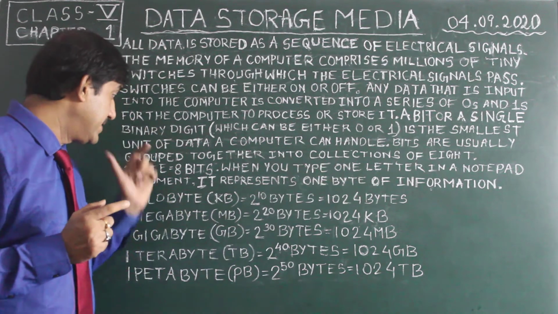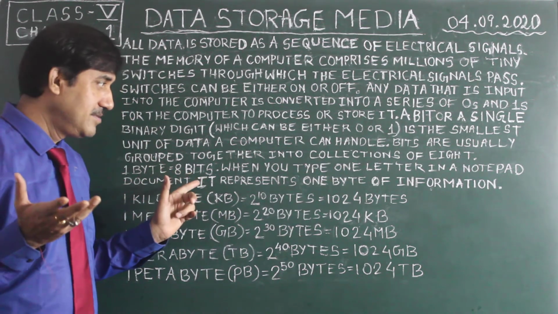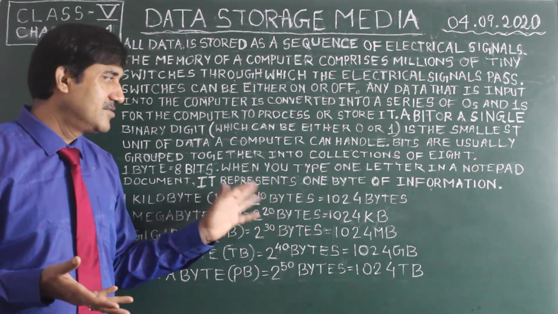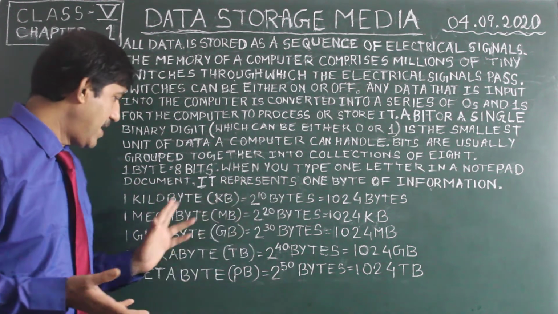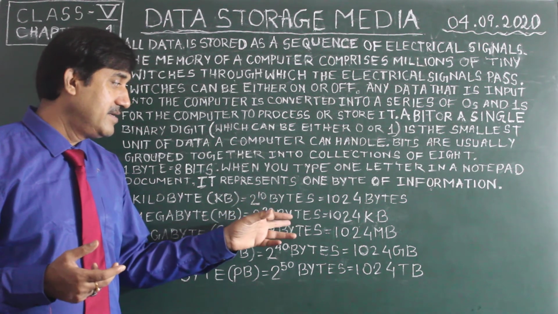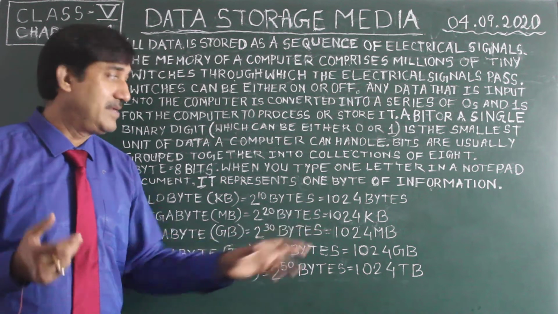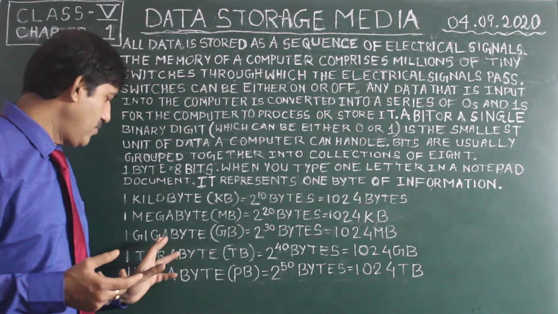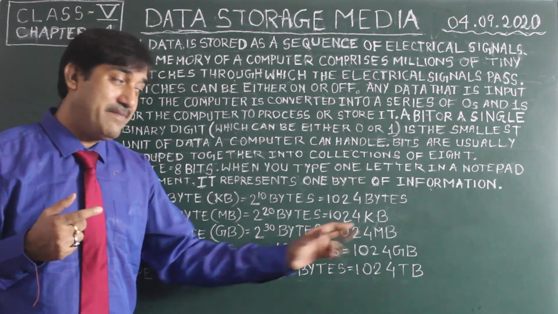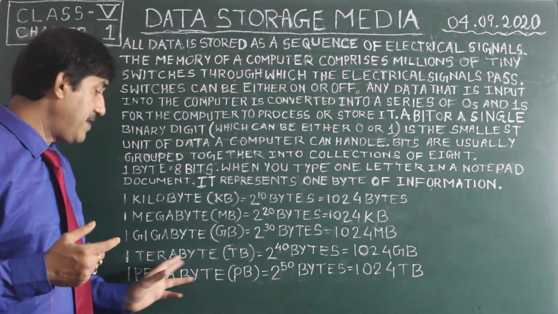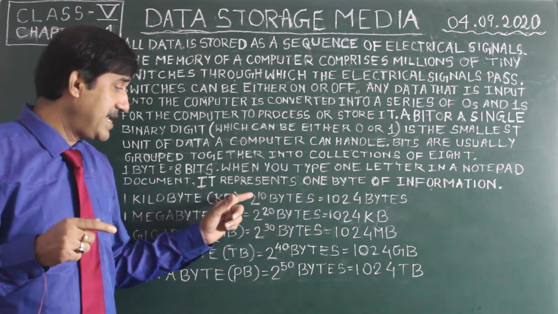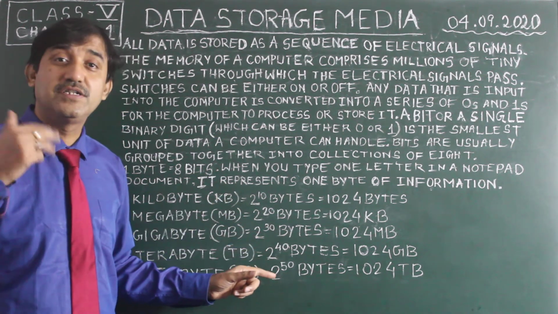This byte is equal to 8 bits. 1 megabyte is equal to 2 to the power 20 bytes, that is 1024 KB. 1 gigabyte is equal to 2 to the power 30 bytes, that is 1024 MB, and 1 terabyte is equal to 2 to the power 40. You see, it is increasing in tens: 10, 20, 30, 40 and 50. So it's easier to remember.